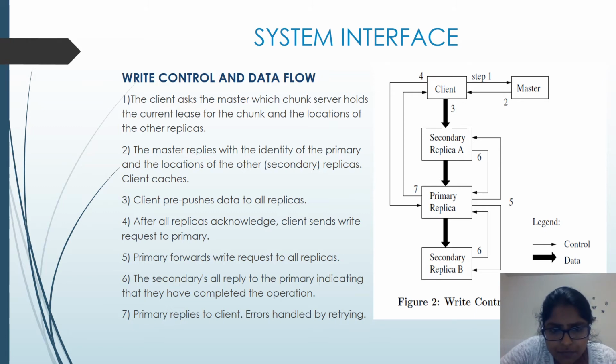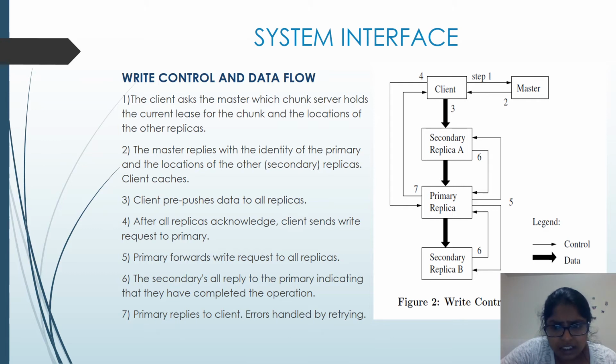In step 5, the primary forwards the write request to all replicas and asks them to follow the particular order, the particular serial number which the primary is following. In step 6, the secondaries all reply to the primary, indicating that they have completed the operation according to the serial numbers assigned to the data mutations by the primary. In step 7, the primary replies to the client.